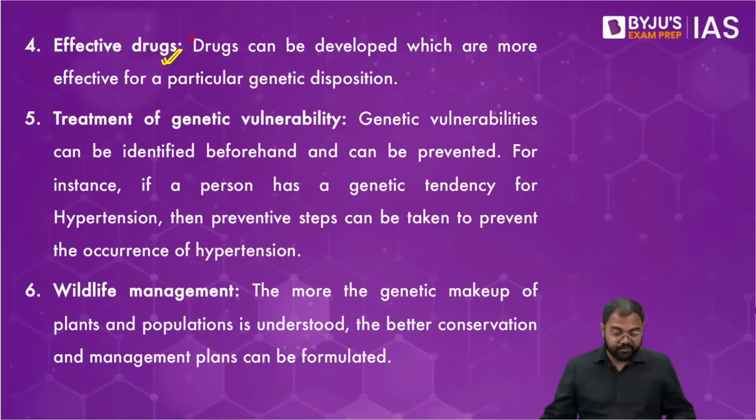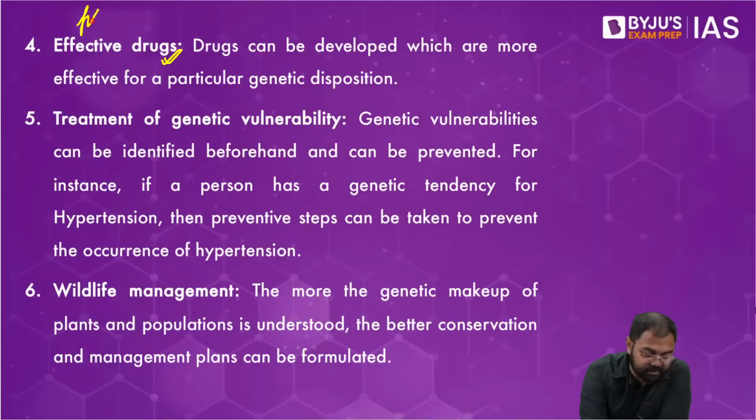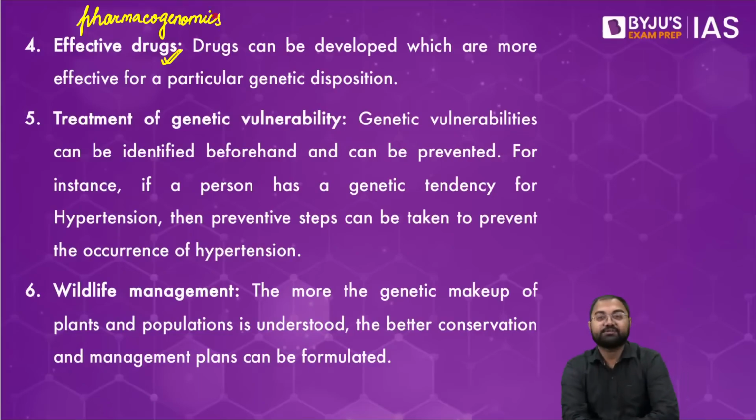Now, how do we make effective drugs with the help of DNA fingerprinting? If you remember, we discussed something called pharmacogenomics yesterday. What we discussed is that we try to make medicines according to the understanding of the genetic makeup of a person, something that will have a good positive impact on that genetic makeup.